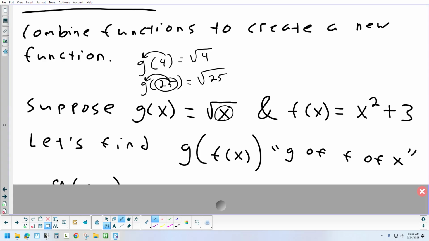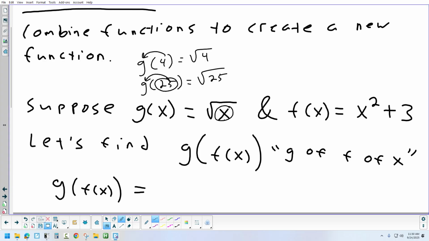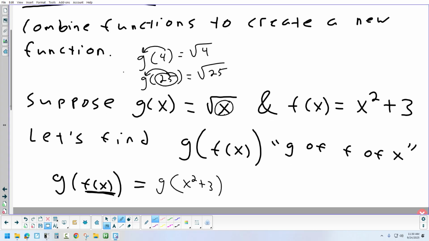It's exactly the same thing when I tell you to do G of f of x. First, look up what this is. What's the formula for f of x in our problem? X squared plus 3. Now I'm going to say what I just said up here, exactly the same way with this.